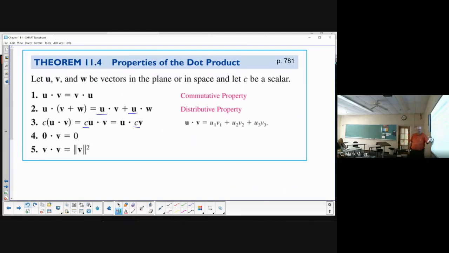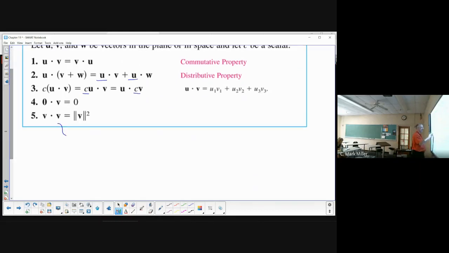And this one's a little bit funkier. v dot v is that.